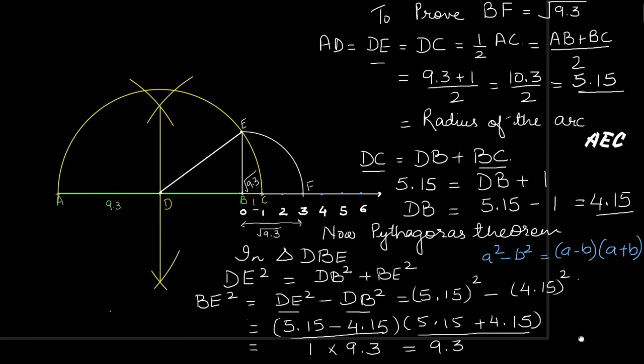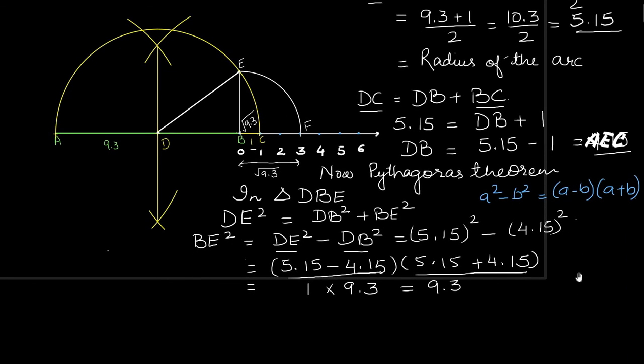Therefore, BE square is equal to 9.3. BE is equal to root 9.3. Hence proved, BE equal to BF equal to root 9.3.